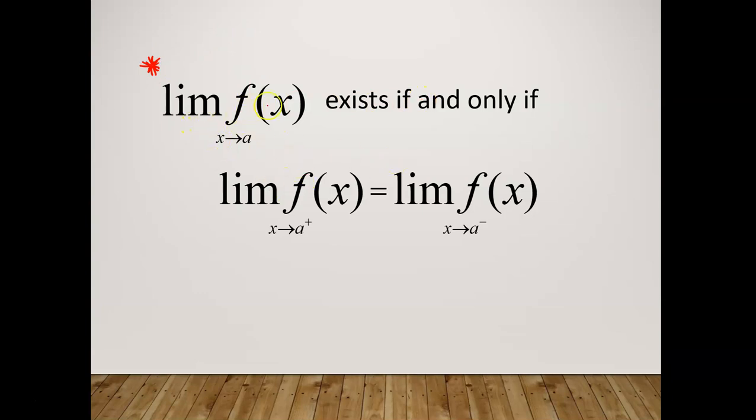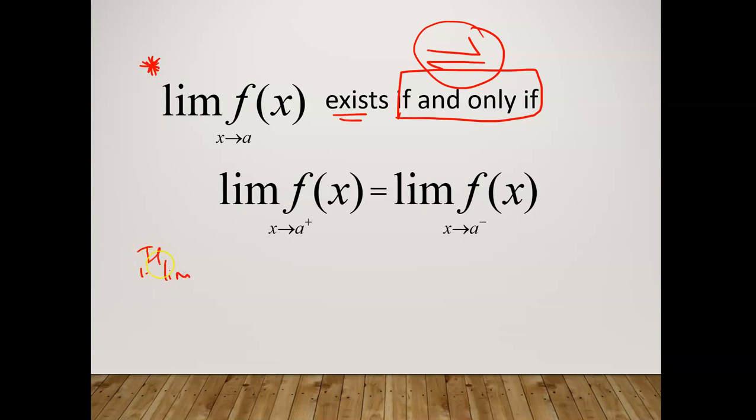So you have to remember this definition. The limit of f(x) as x approaches a only exists if and only if, and that is the symbol for if and only if, the limit of f(x) as x approaches a positive equals the limit of f(x) as x approaches a negative. What does it mean by this? You have two statements.